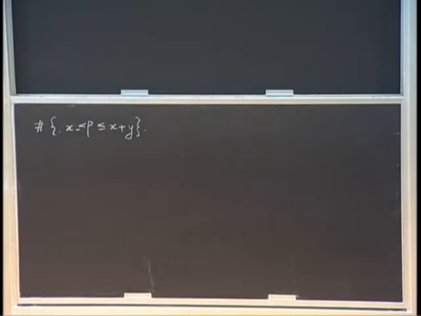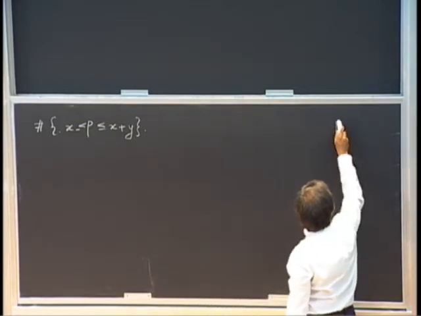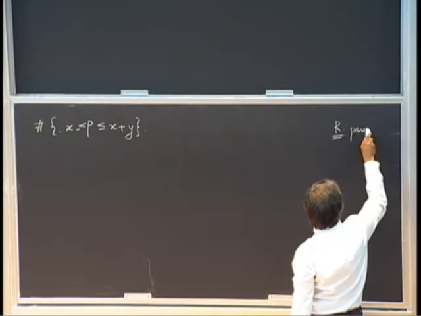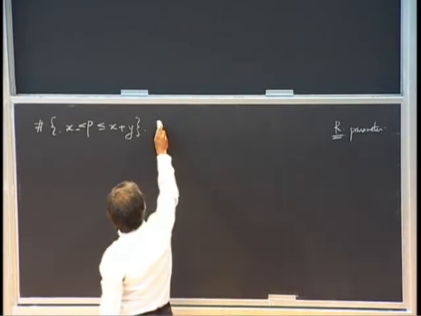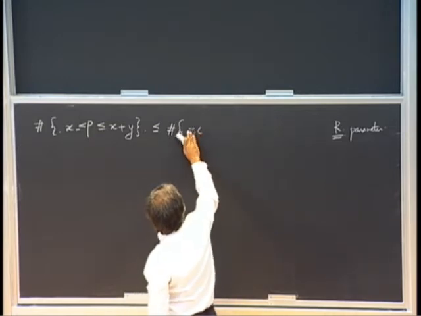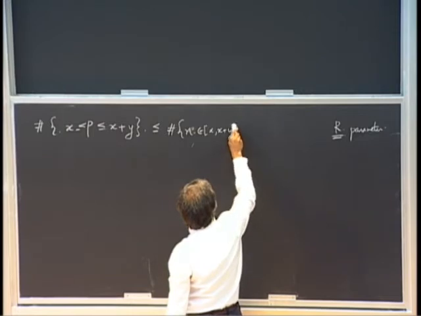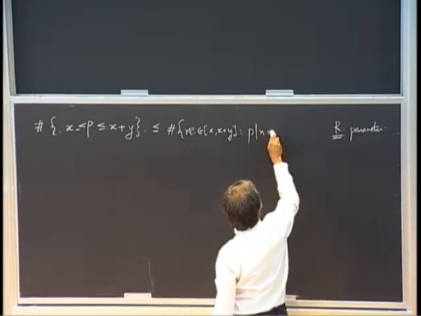Certainly what I can do is assume that there's a parameter r, and then bound this by the number of integers n in this interval from x to x plus y, all of whose prime factors are bigger than r.